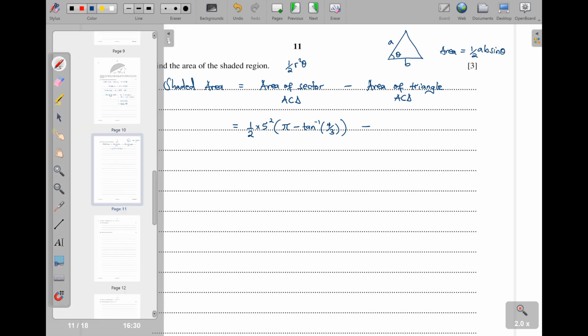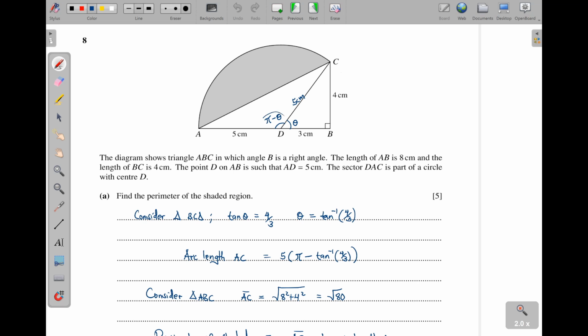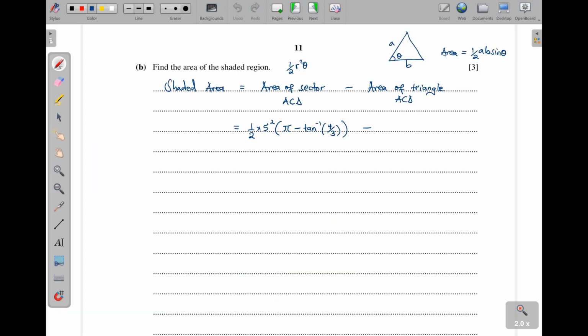Since I know the angle and these two lengths, I can get the area of that triangle. So this one is going to be a half times 5 times 5, then sine of pi minus the arctan of 4 over 3.